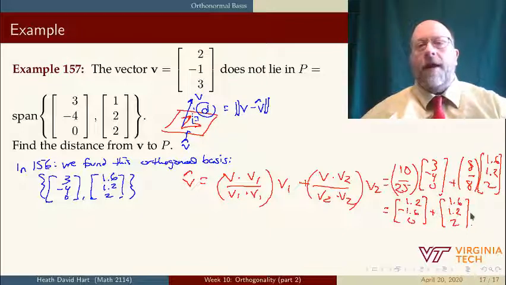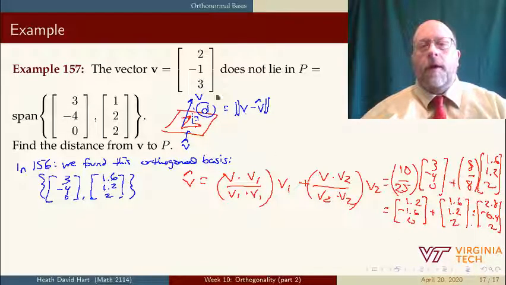When we add these together, we get 2.8. Negative 1.6 plus 1.2 is negative 0.4. And 0 and 2 is 2. All right. This is the projection. That's this vector down here. But we want the perpendicular vector, the one that's up here. That's V minus V hat.